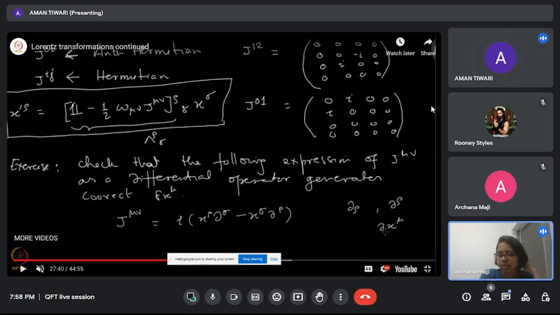Yeah. So whatever is written in this j mu nu, that should also not have rho and sigma indices. It should be mu nu. So as I was saying, this j mu nu will have another two indices, rho and sigma. Then only the right hand side will make sense, I think.